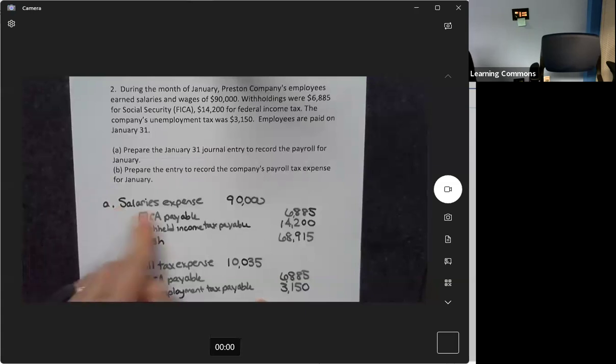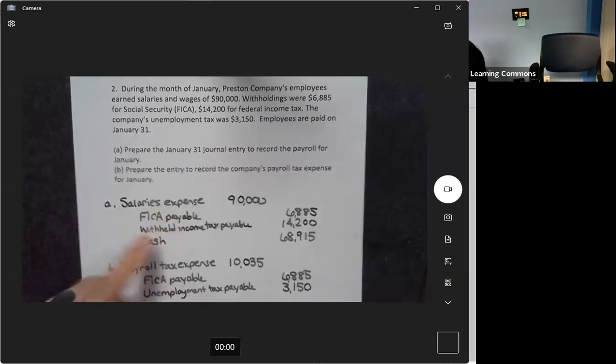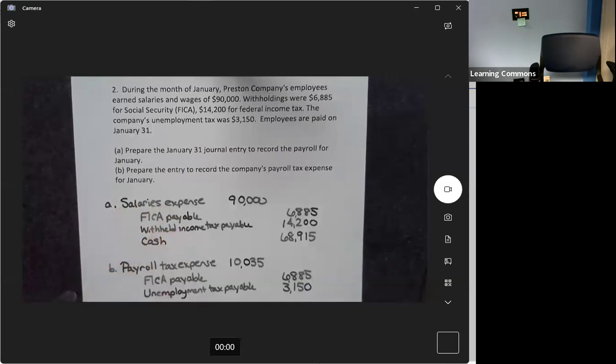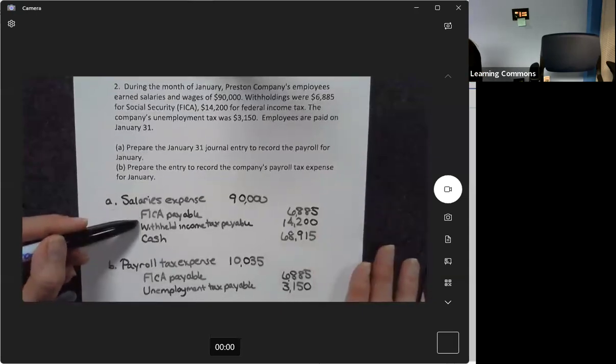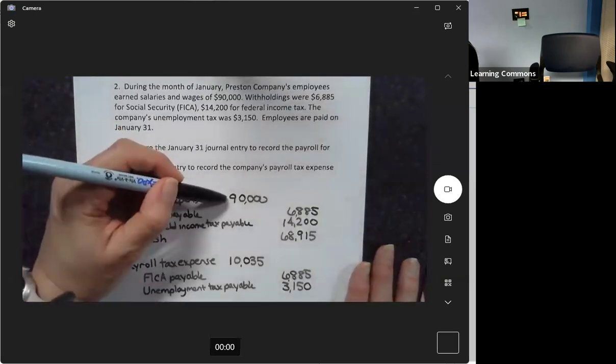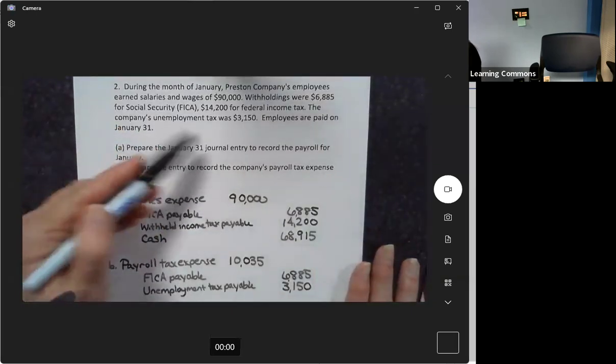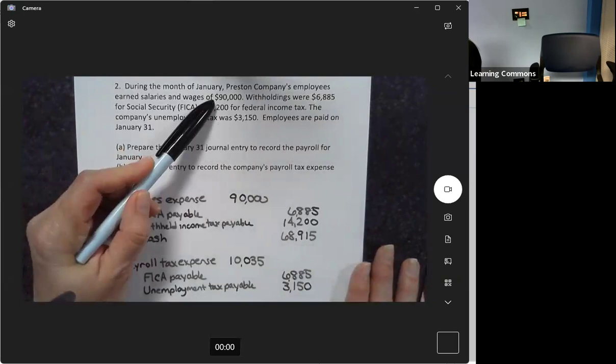Because from a person's paycheck, the company is required to withhold income taxes and FICA taxes. Again, in real life, there's other things they may withhold as well. For us, we go with the simple version where we just focus on the required taxes. But even then, we have to remember the salaries expense is the full amount of salaries and wages that employees have earned.